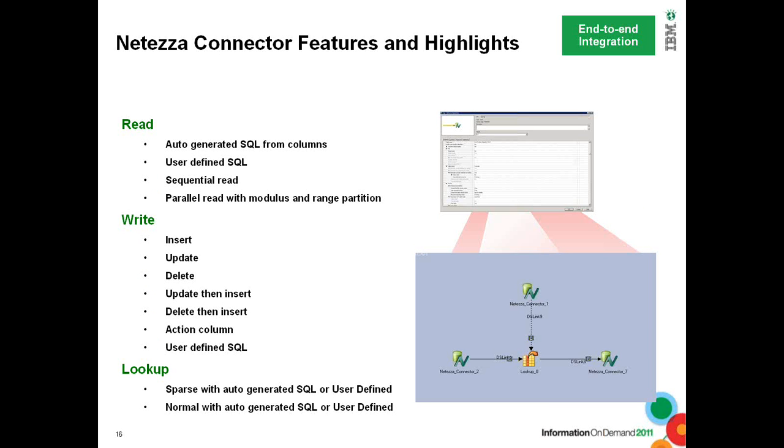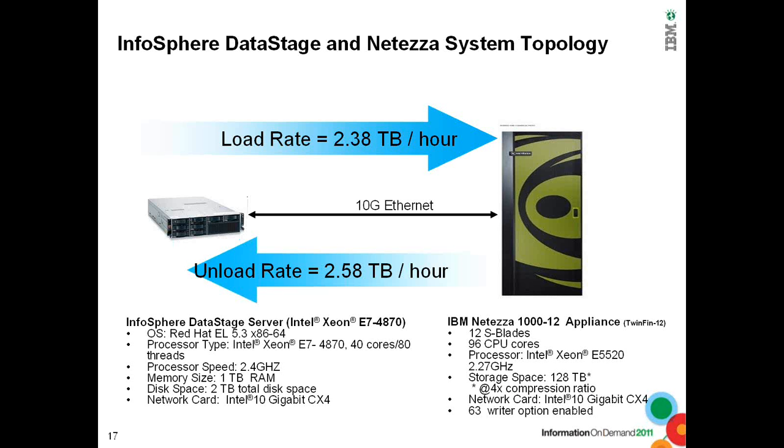These are the different Netezza read, write, and lookup modes, which are more or less most of what the enhanced Netezza connector supports, and that's available for use with Netezza appliances, any version, right?